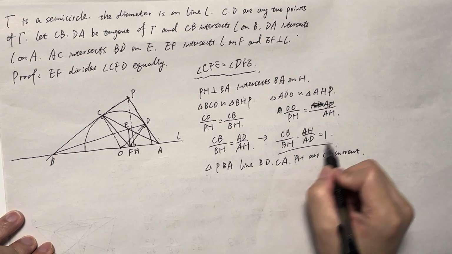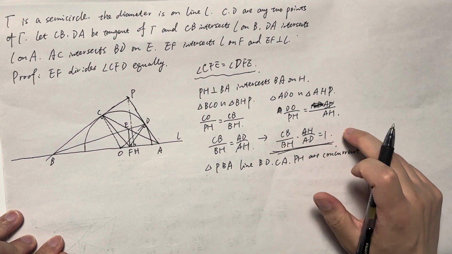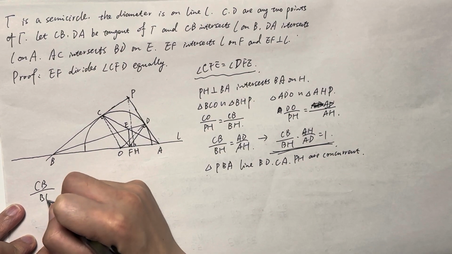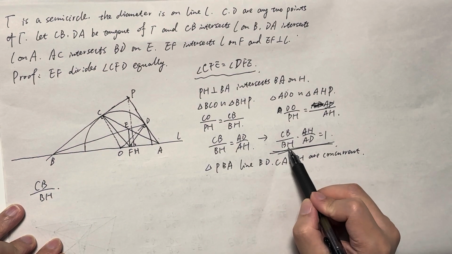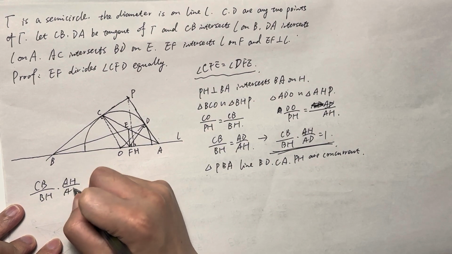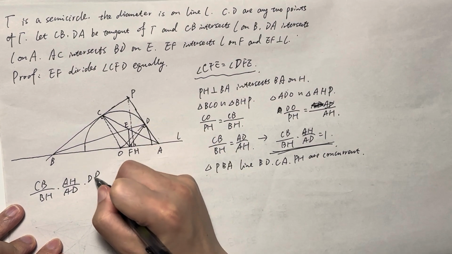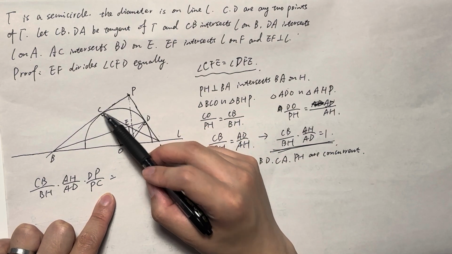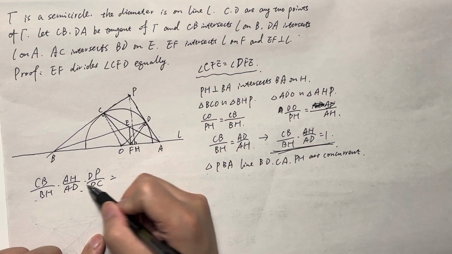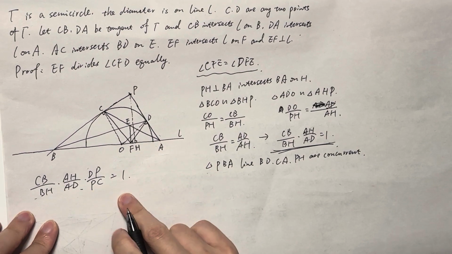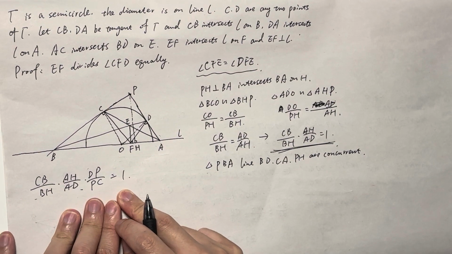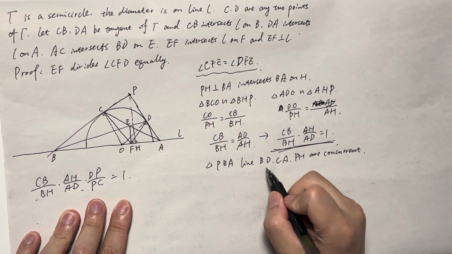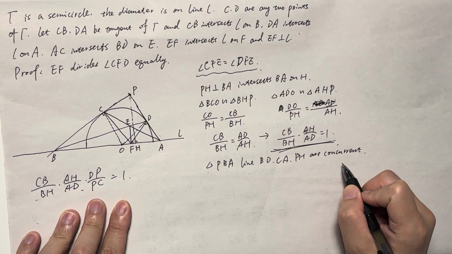Because with this relation, we get CB divided by BH times AH divided by AD times DP divided by PC. Because PD equals PC, this equals 1. If we use the converse of Ceva's theorem, we get that BD, CA, and PH are concurrent.